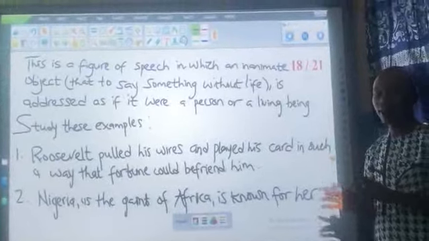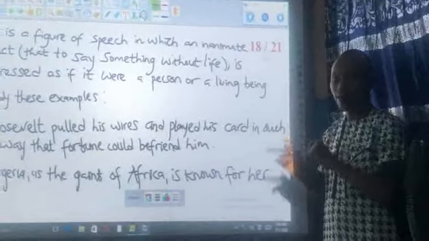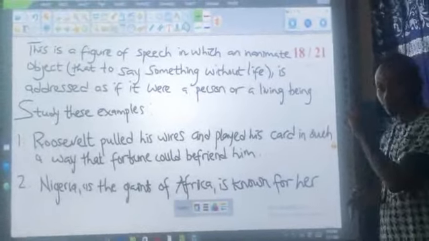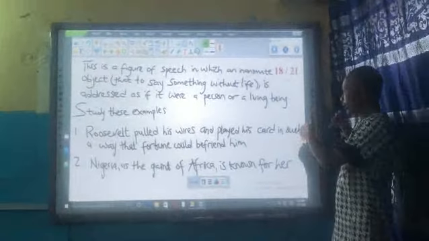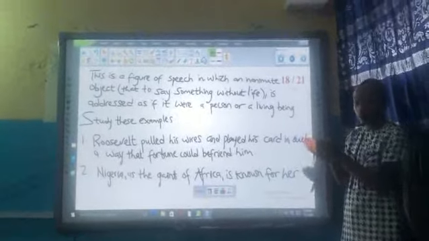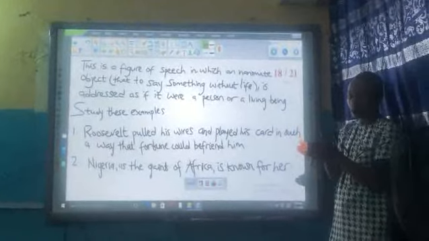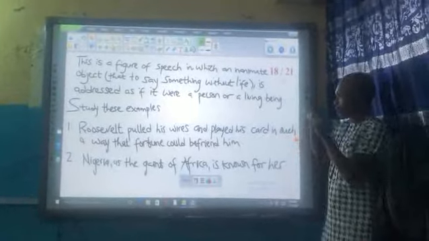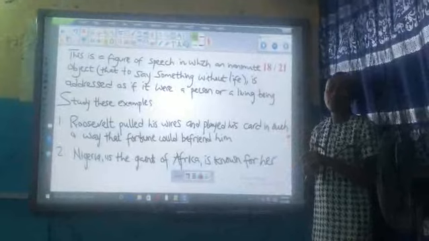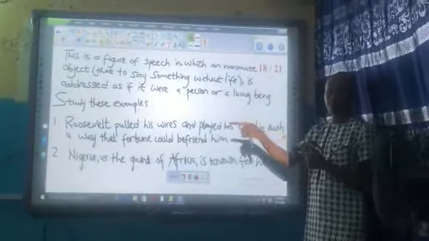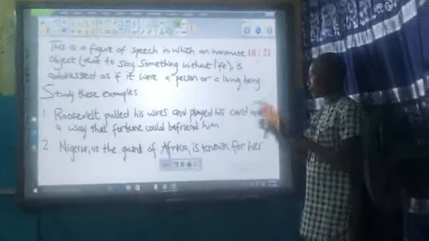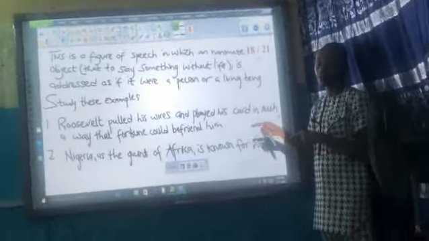That statement has an obvious imposition of characteristics to a particular thing that is not in the same capacity as Roosevelt as a human being. And I'm still going to point out why this particular statement qualifies as personification.